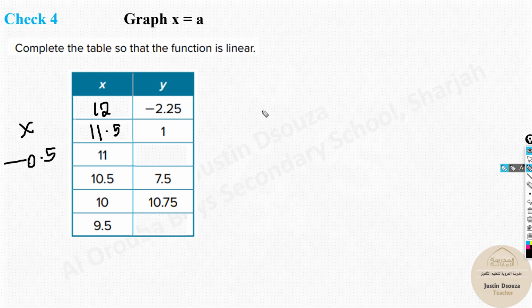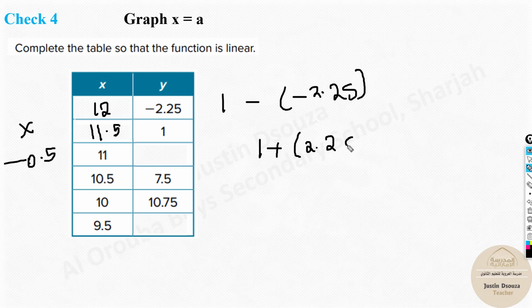Here, since it's easy, 1 minus of minus 2.25. Basically when you do this minus and minus, it becomes plus. So it is 1 plus 2.25, that is 3.25. All you need to do is keep adding 3.25. If you add 3.25 to negative 2.25, it will be 1.